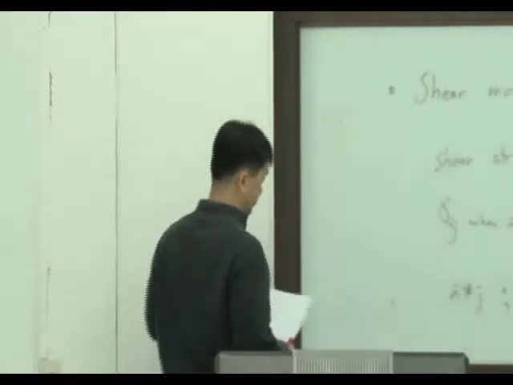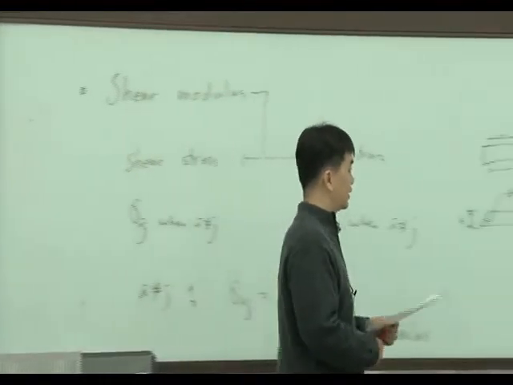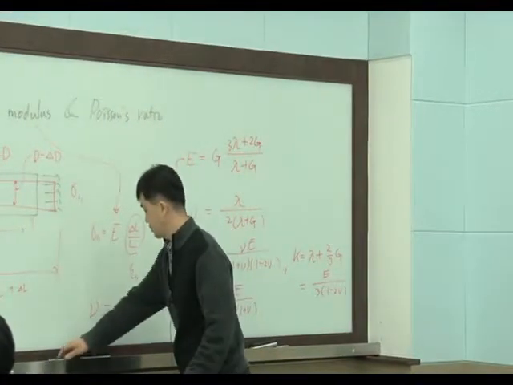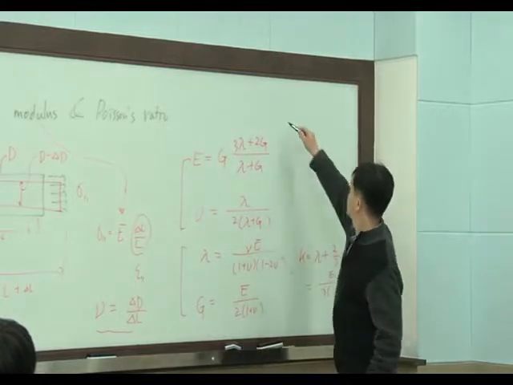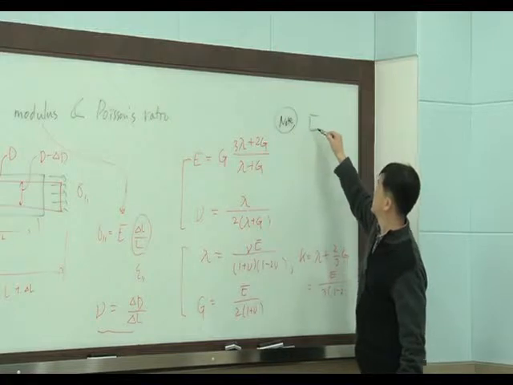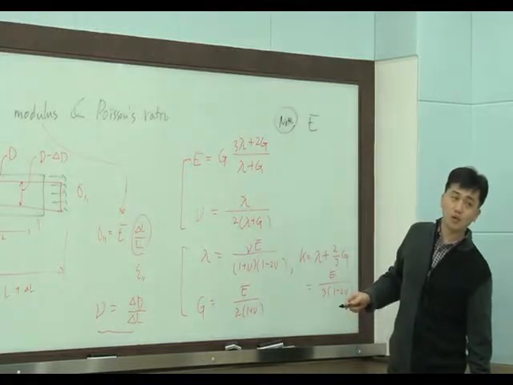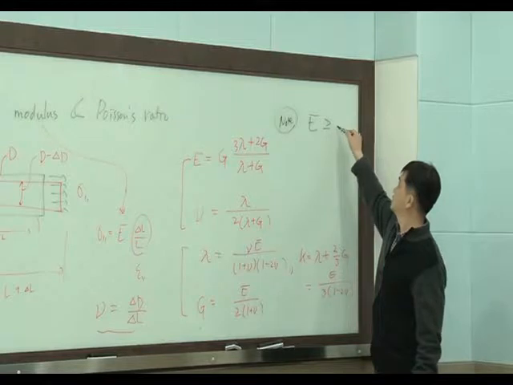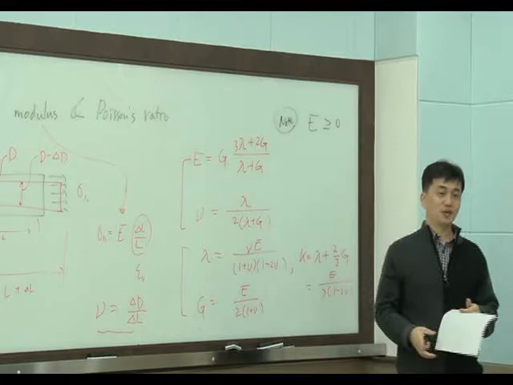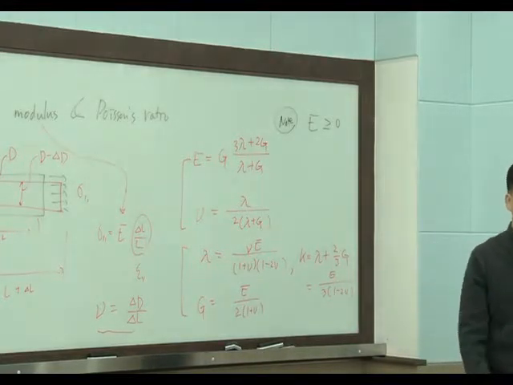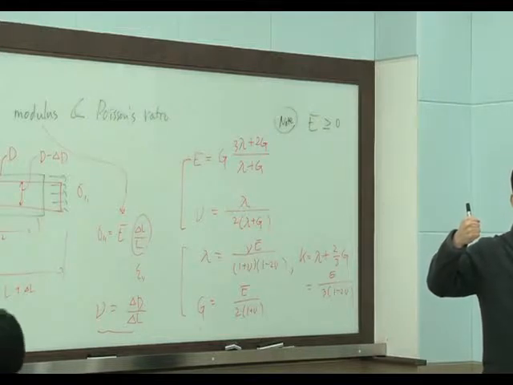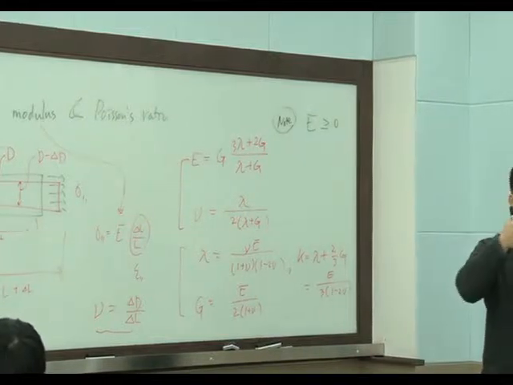Okay, so here let me give you some notes. Young's modulus is always bigger than 0, right? If Young's modulus is negative, what happens? You pull some material, it's not tensioned, it contracts.